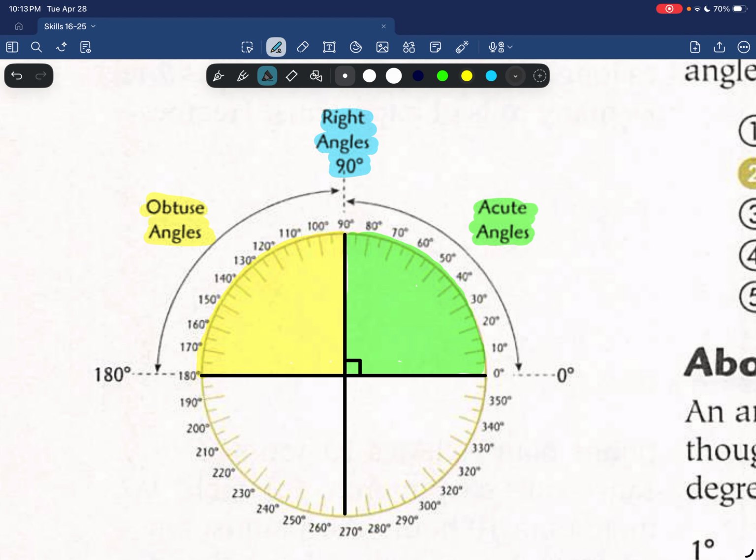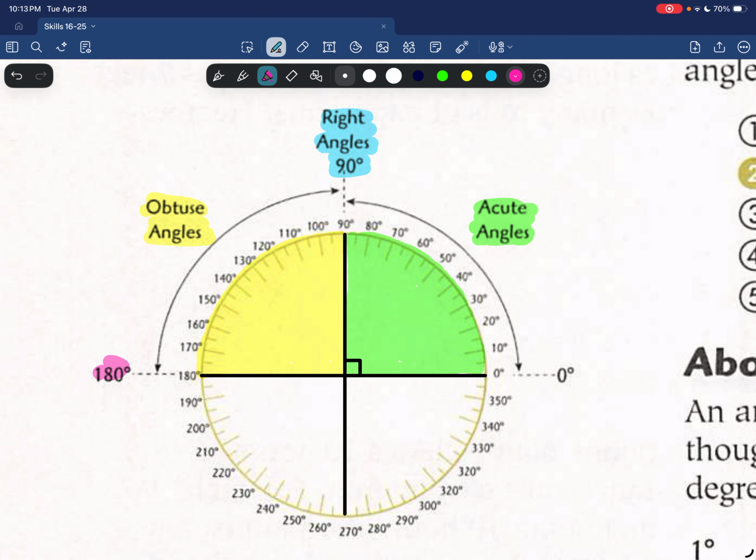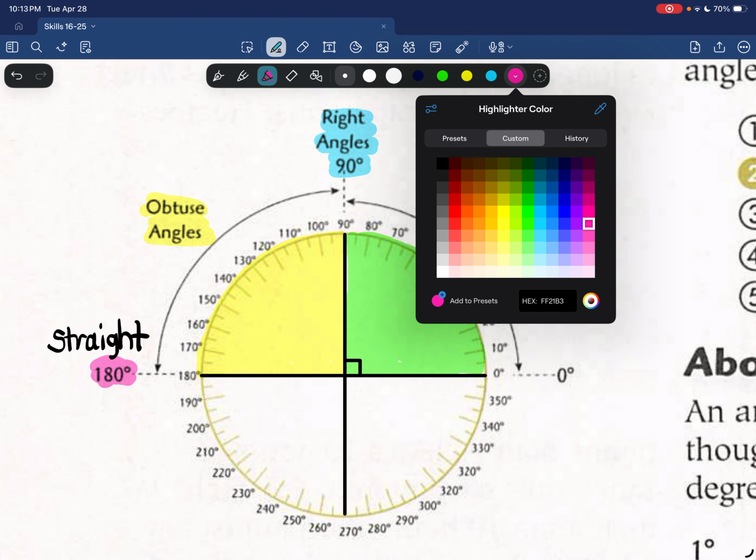Then we have a straight angle. This is perfectly 180. And I don't know why they didn't write that one in there, but let's go ahead and call it what it is. 180 is a straight angle. It's half of a circle. And then anything down in this category is called a reflex angle.